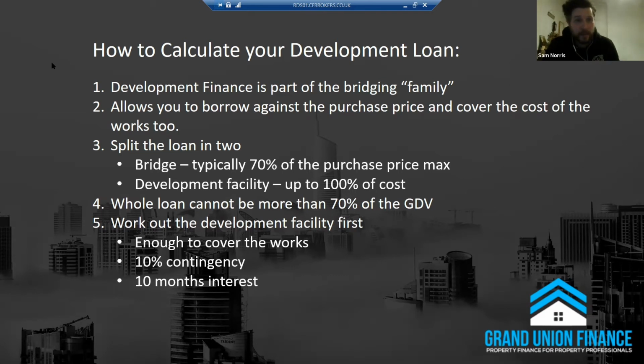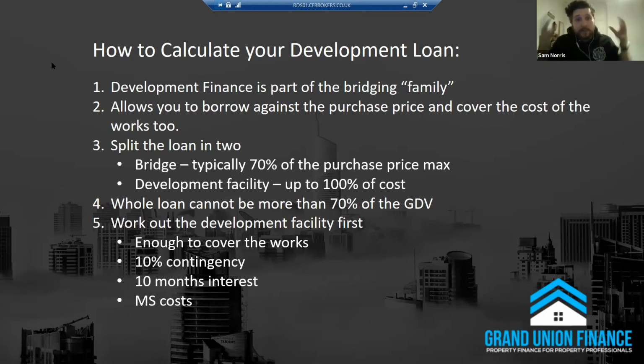to cover all eventualities. Now, they'll also cover the cost of the monitoring surveyor visits, because what they don't want is for you to need to draw down the funds but can't afford to pay for a monitoring surveyor to come and look at the property. Typically speaking, you're looking somewhere between £500 and £1,000 per visit. So split the difference, probably need about £750 per visit, which they will incorporate into the development finance facility.